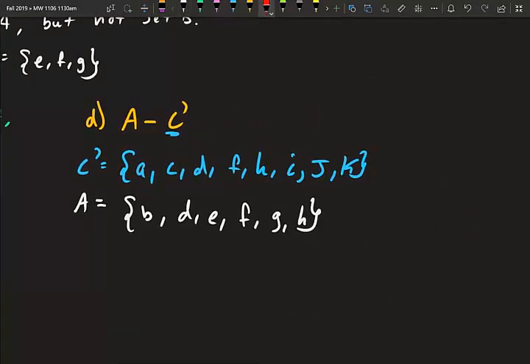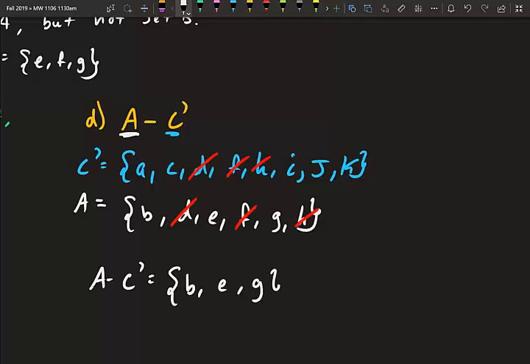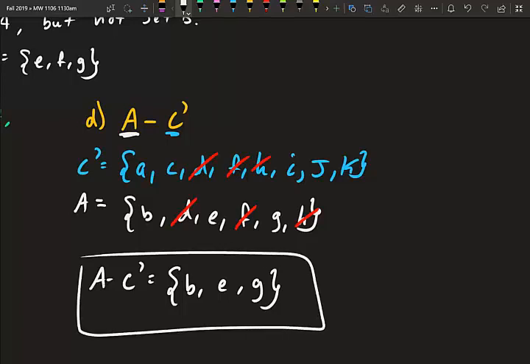They have D, F, and H in common. So everything that's left in A. Why what's left in A? Because that's the first letter. So everything left in A is B, E, and G. Alrighty.